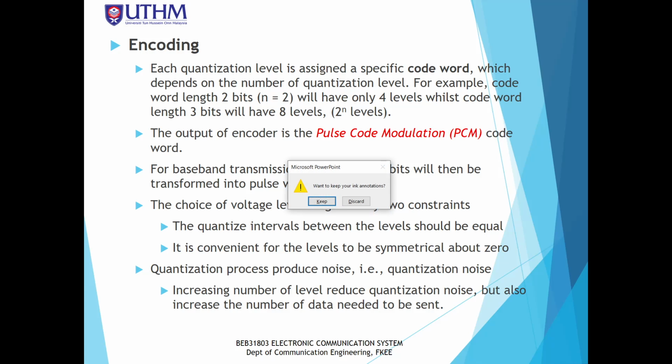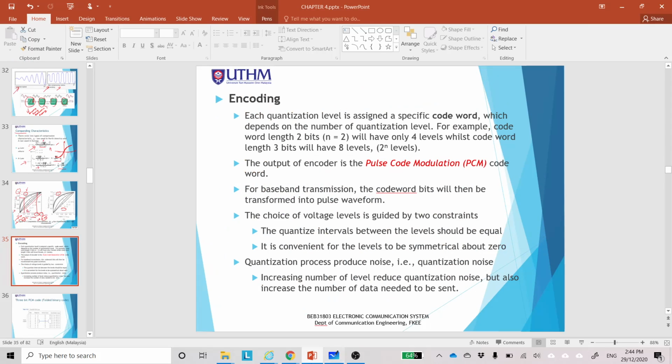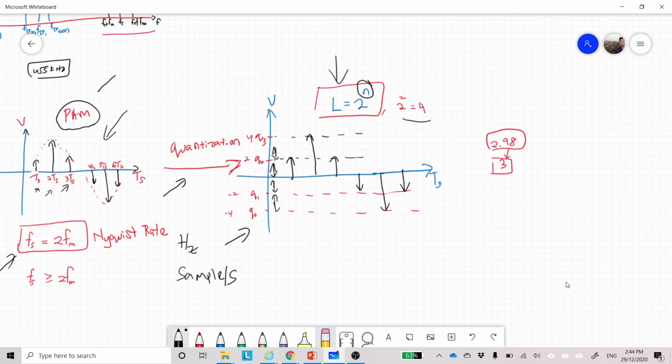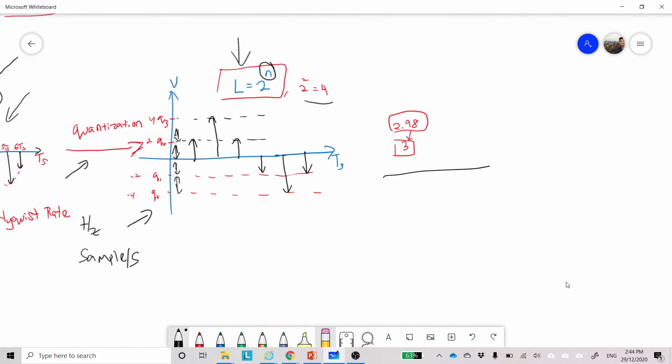Okay. So kalau kita lihat dalam gambar tadi, proses seterusnya adalah encoding. The next process is encoding.